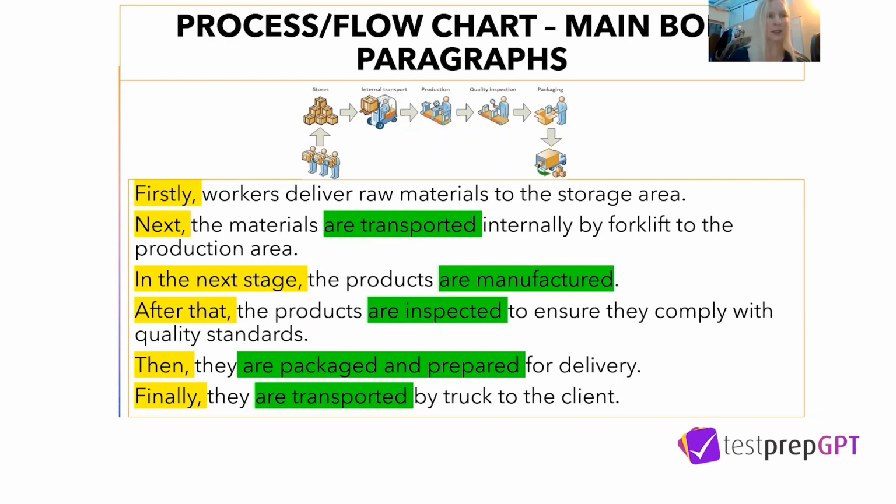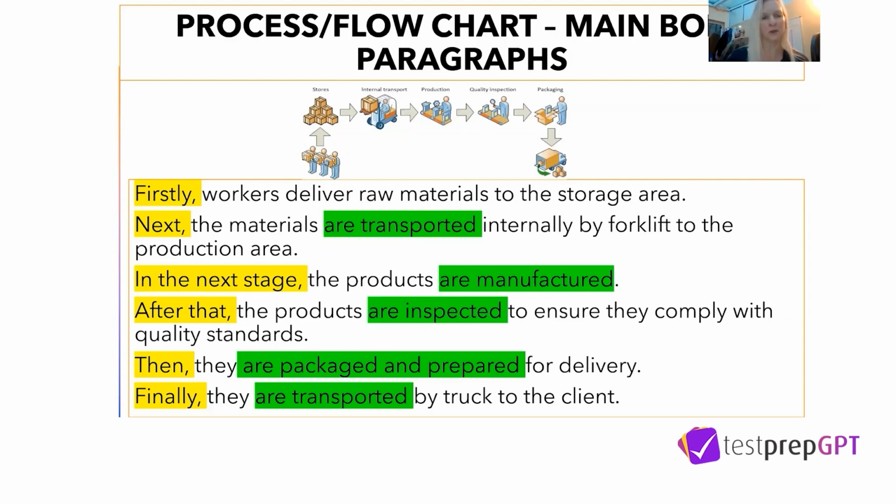So firstly, next, in the next stage, after that, then, and finally. So these are great linkers that you can use in every flowchart that you write about. So it's really important that you remember these words because you will use them in describing the process.